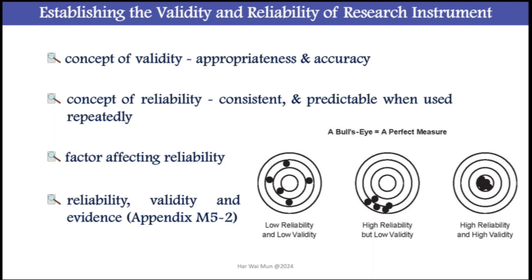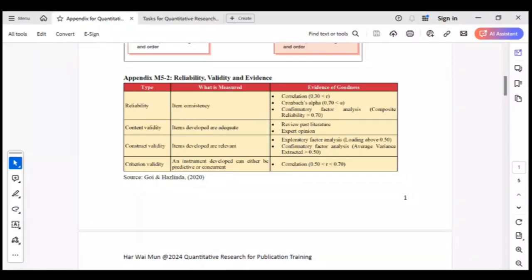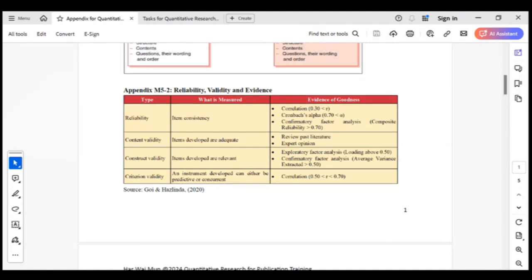Okay. Then the reliability and validity evidence we have in appendix M52, you see the appendix here: reliability, what is measured, item consistency. So as I mentioned to you, if you do primary data research, you usually have a statistical way to prove it, right?